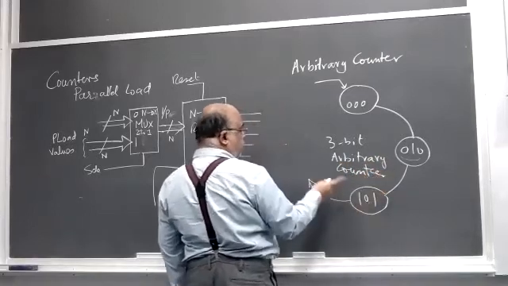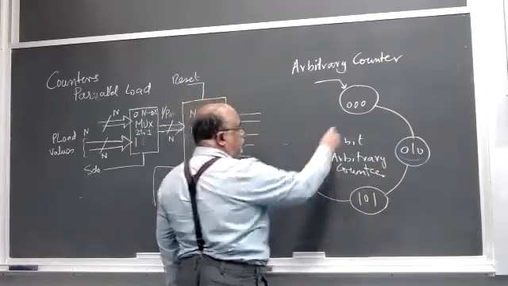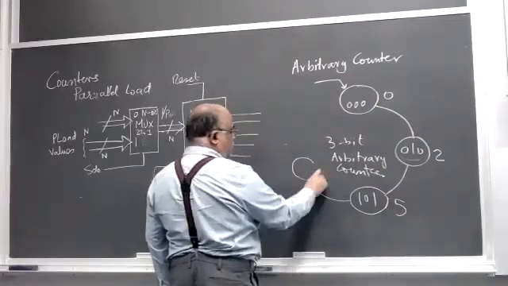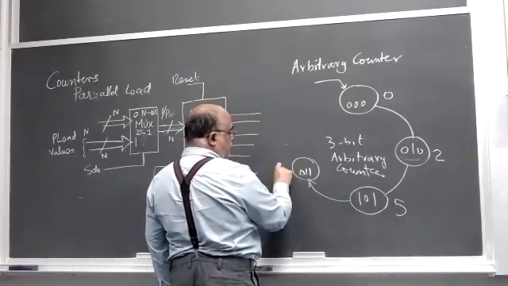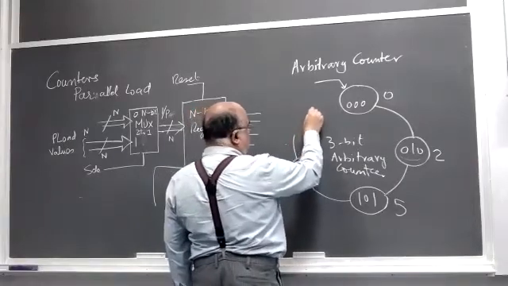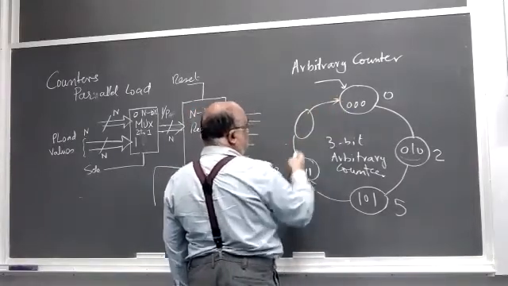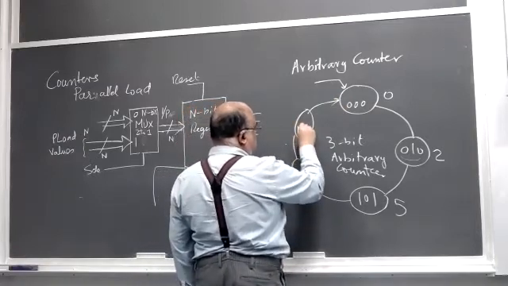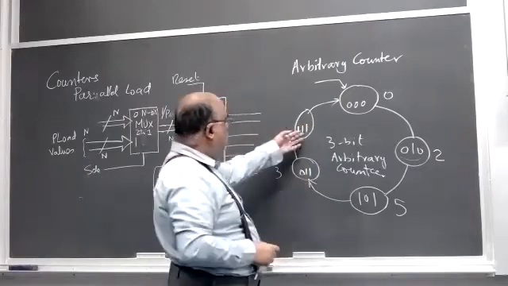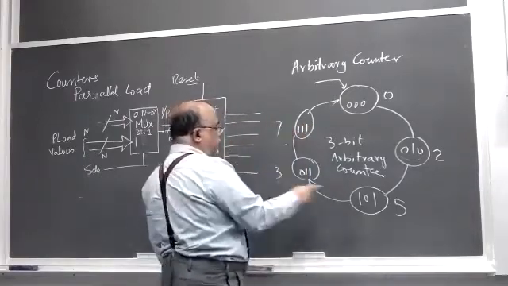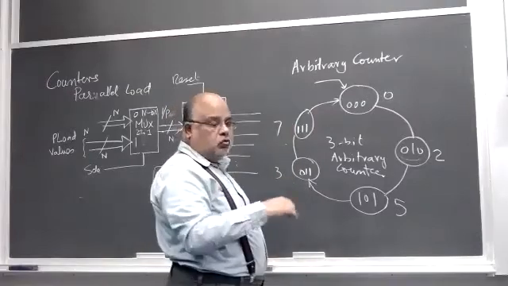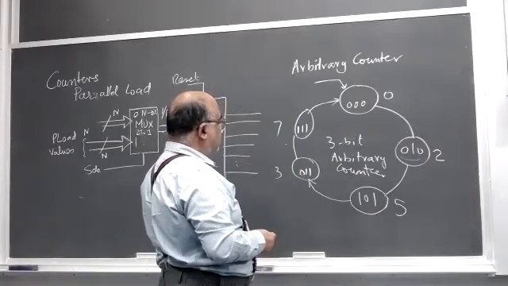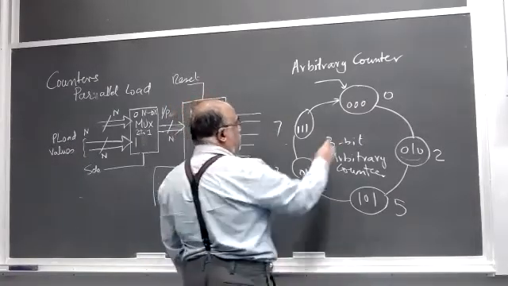So it's not a binary counter. It's just any sequence. It goes from 0, then to 2, then to 5, then to 3. So any sequence you can generate, and then of course it rolls over to here, 1, 1, 1, whatever the sequence is. It will go through the arbitrary sequence and then go back to the reset state, this 0, 0, 0 state.